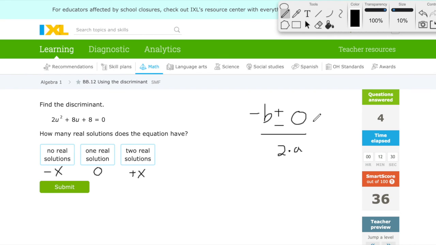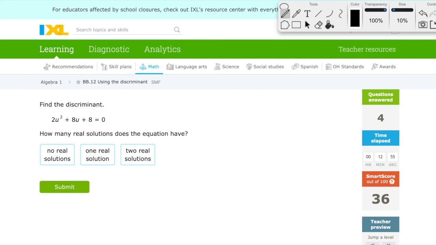So although you might technically get 2 answers, it's just going to be the same number twice, meaning you just have one real solution. What that would look like on the coordinate plane is your parabola only touches the x-axis at the vertex. So maybe something like that, or if it was flipped upside down, maybe something like that. So it just touches once.